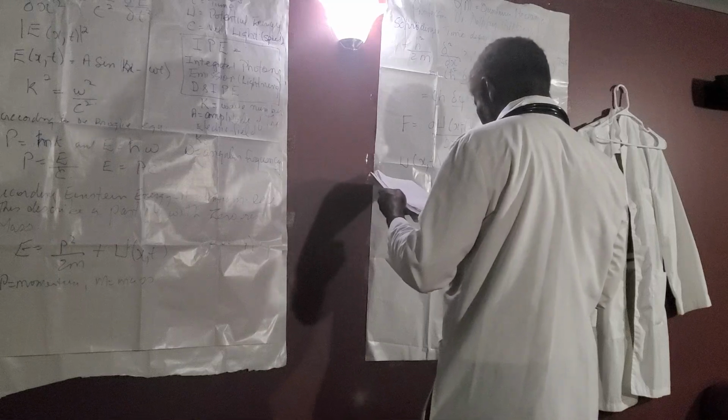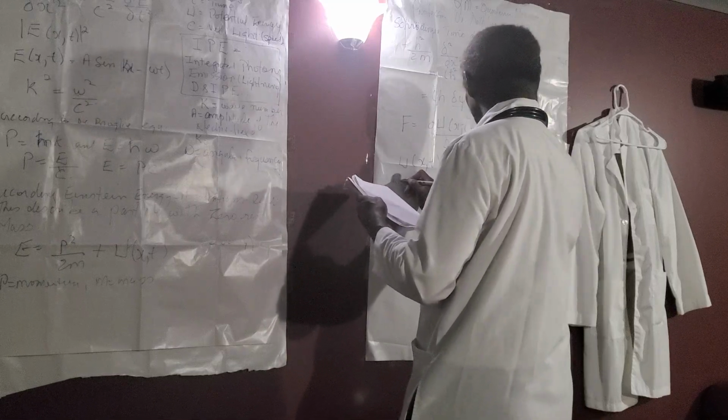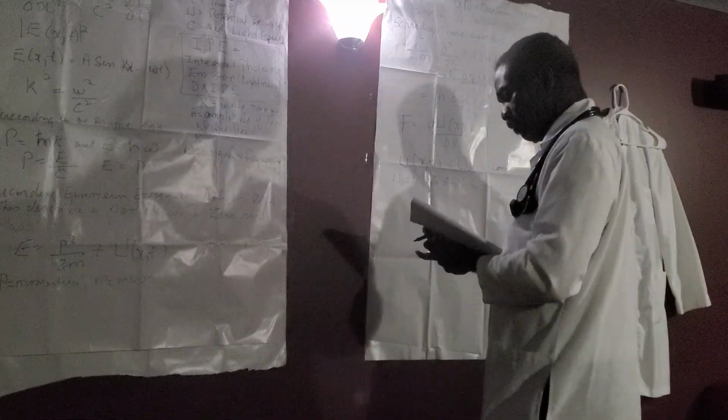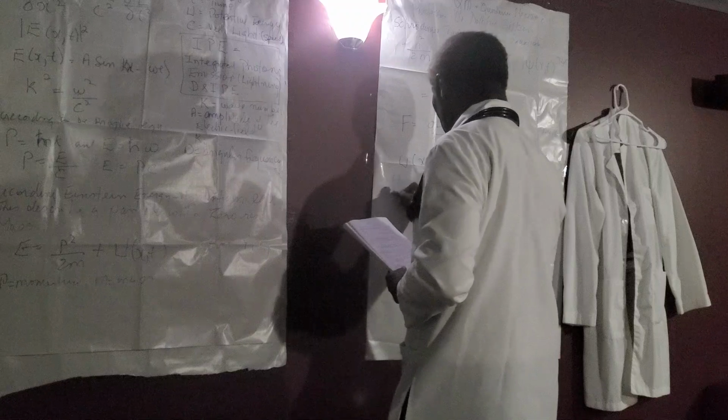And for simplicity, we set U naught equals 0. The Schrodinger equation will reduce to the simpler Schrodinger equation.